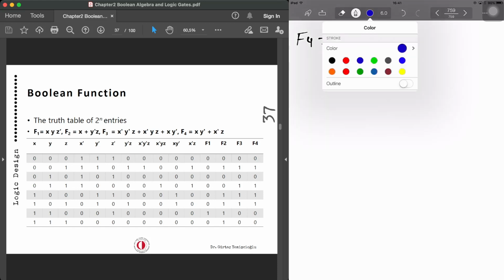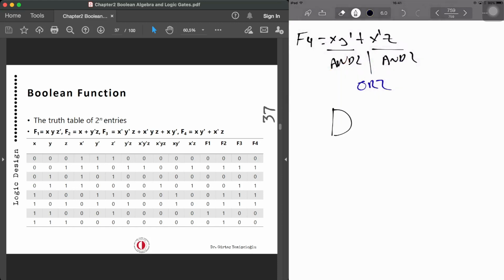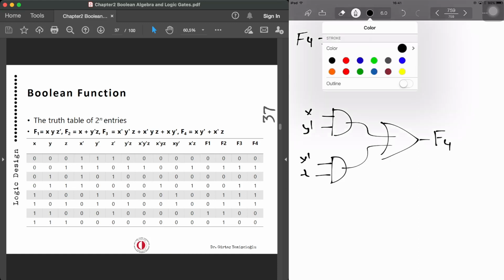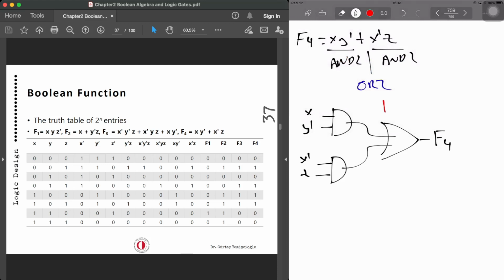Now if I implement that, AND gate with two inputs, AND gate with two inputs, sorry about the size of my gates and my drawings, this is all I can have. F4, and this is x y prime, this is x prime z. Now, we have used 2 AND functions and 1 OR function.